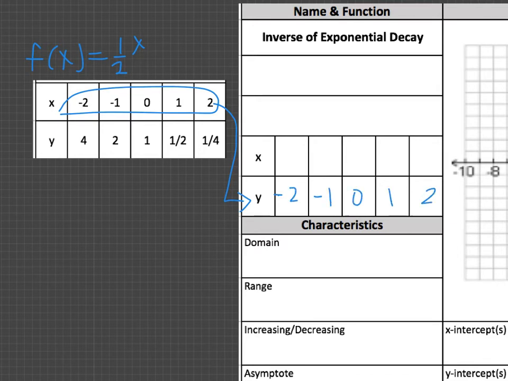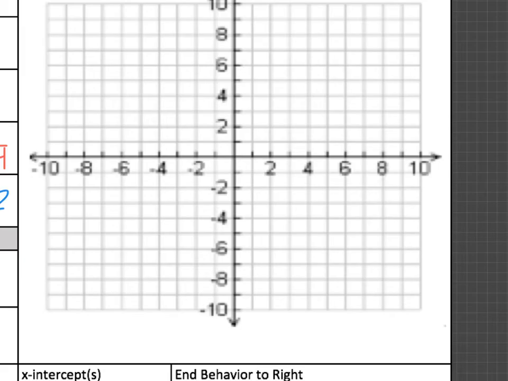And then the x values, we'll take the y values from our exponential decay function and plug those in for x values. So x of 4 gives us a -2, x of 2 we get y value of -1, x of 1 we get y value of 0, x of 1/2 we get y value of 1, and x equal to 1/4 gives us a y value of 2.